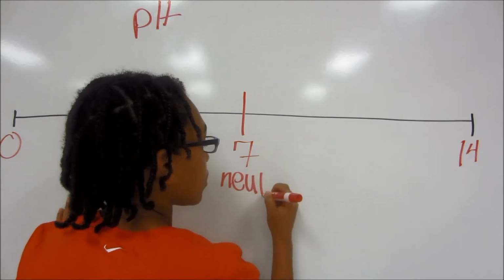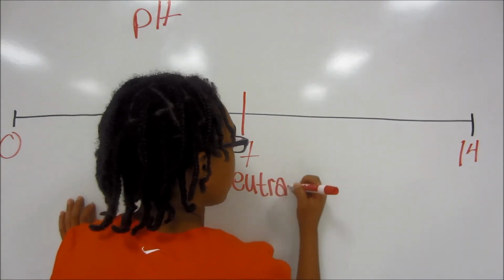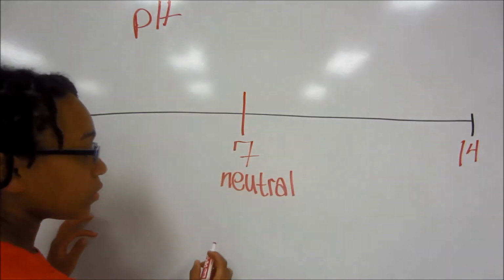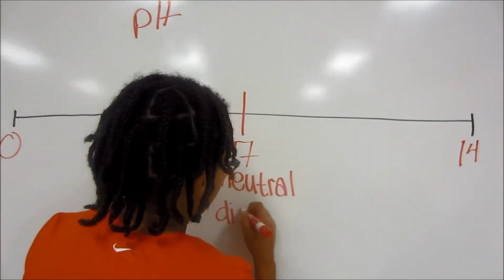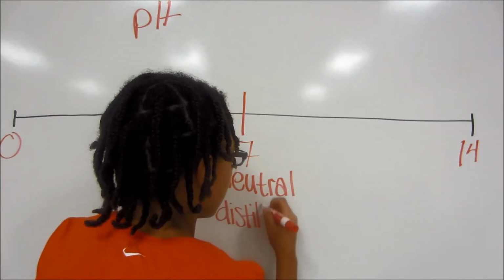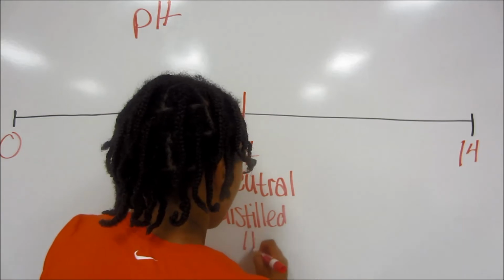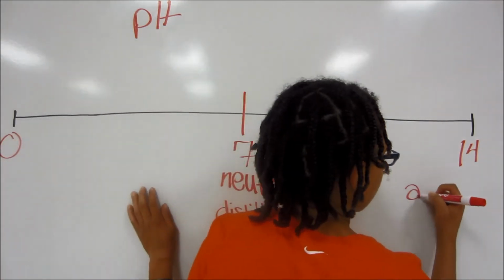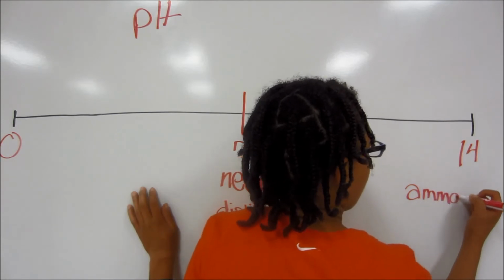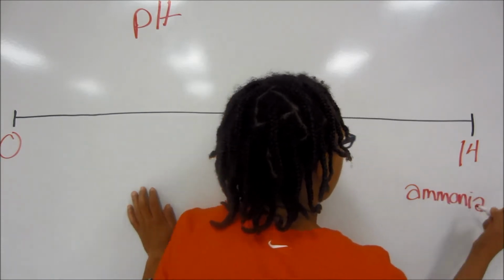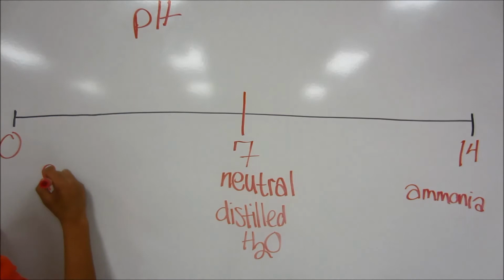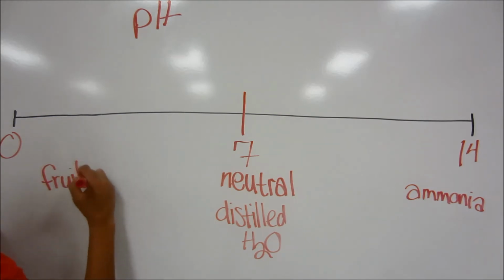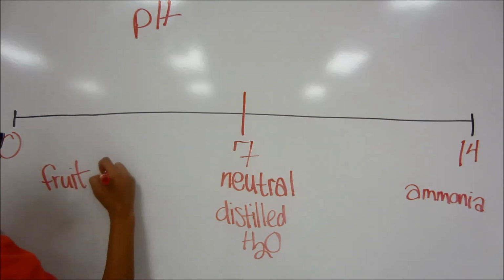A neutral substance includes distilled water because it has no minerals, and substances that are more basic would include household cleaners such as ammonia. On the more acidic side, you'd have fruits and stomach juices and battery acid.